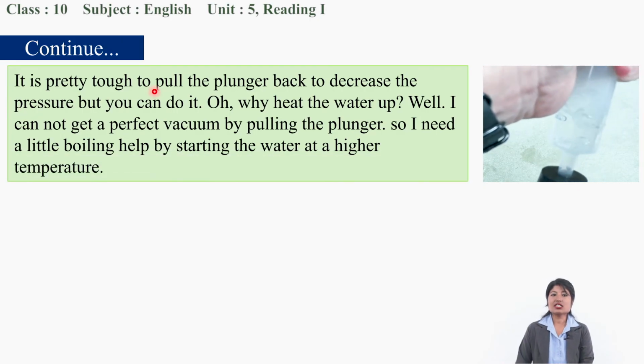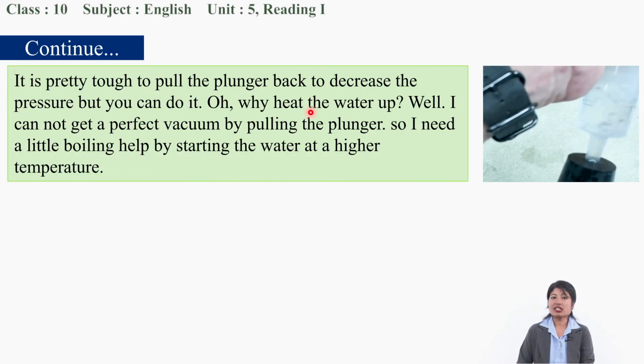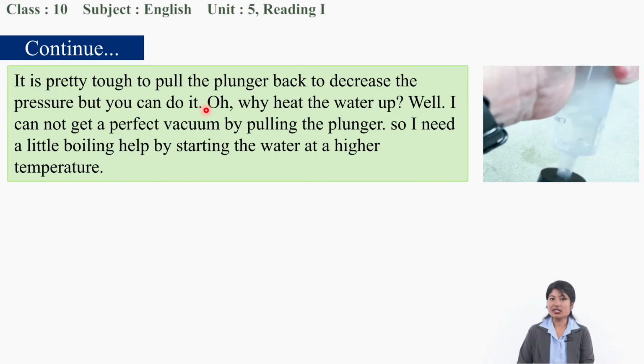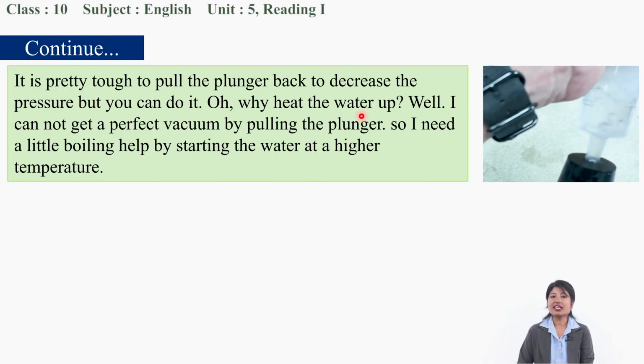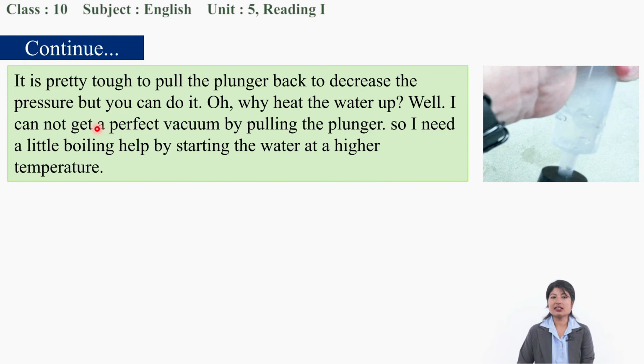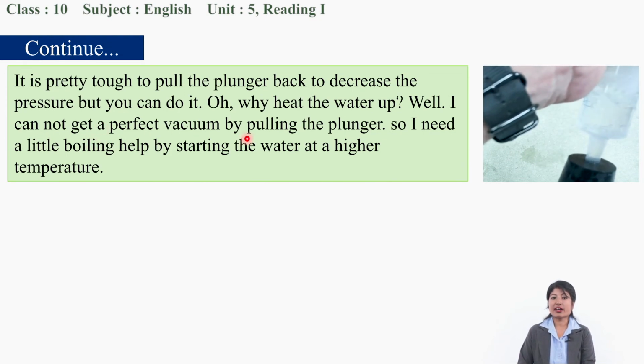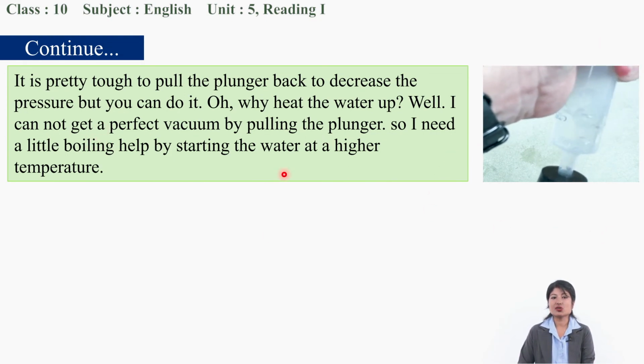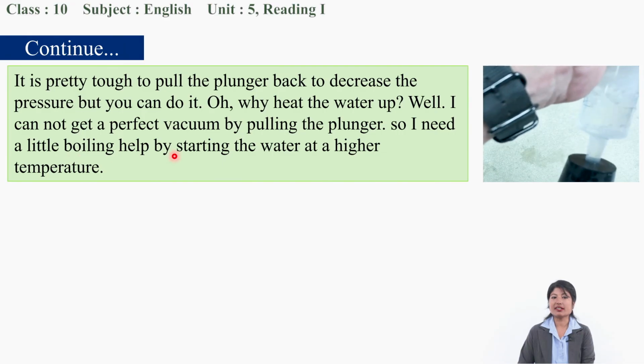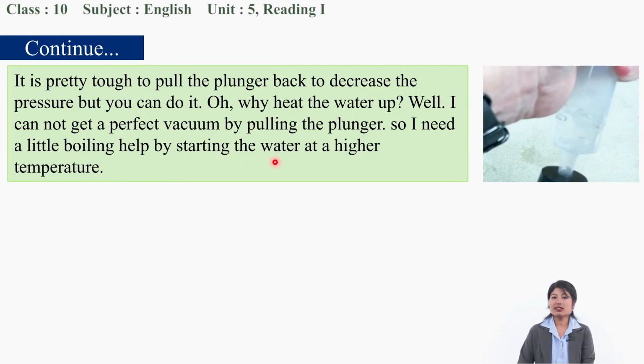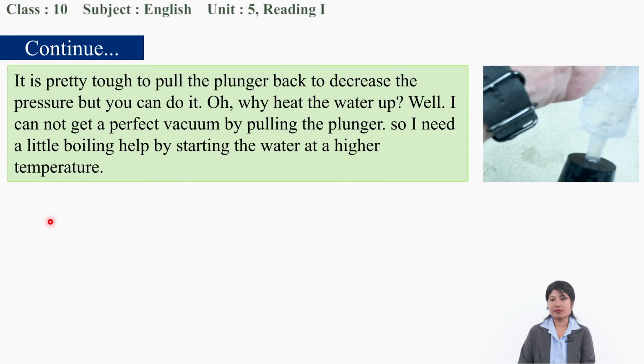It is pretty tough to pull the plunger back, but you can do it. Oh, why heat the water up? Well, I cannot get a perfect vacuum by pulling the plunger, so I need a little boiling help by starting the water at a higher temperature.